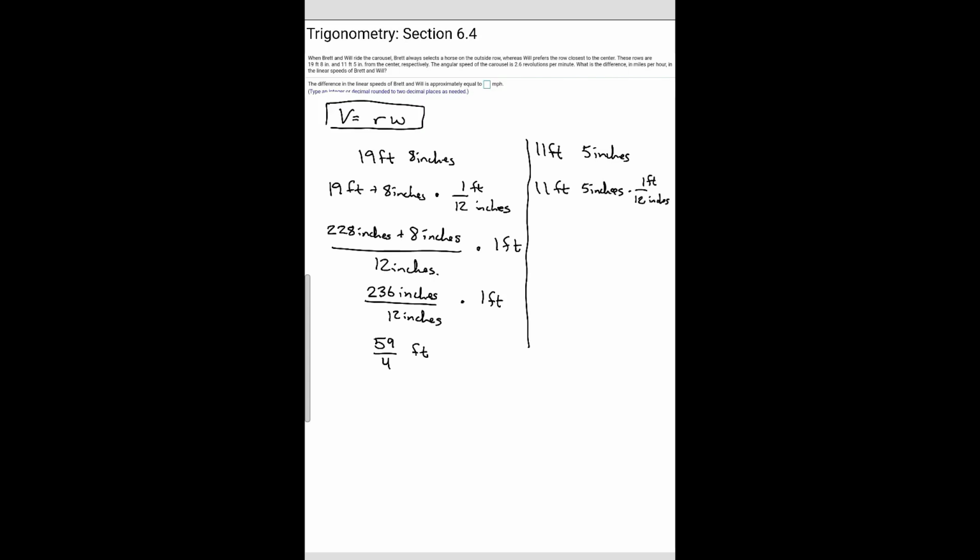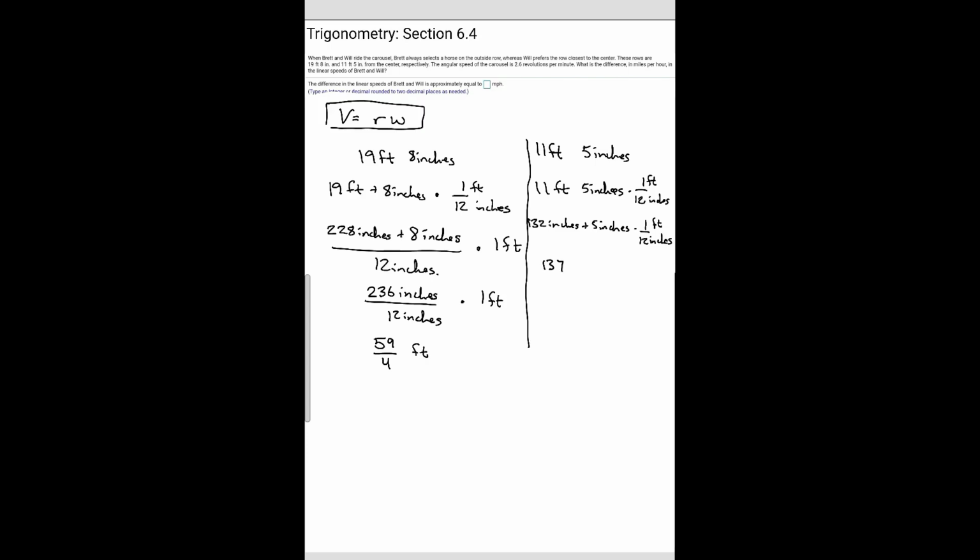So 11 feet is 132 inches plus 5 inches times 1 foot over 12 inches. Let's clean this up. 132 plus 5 gets us 137.